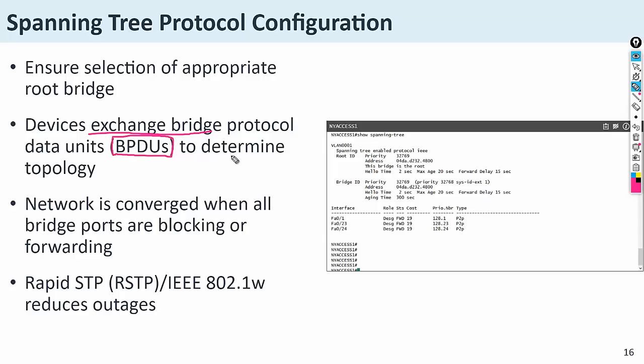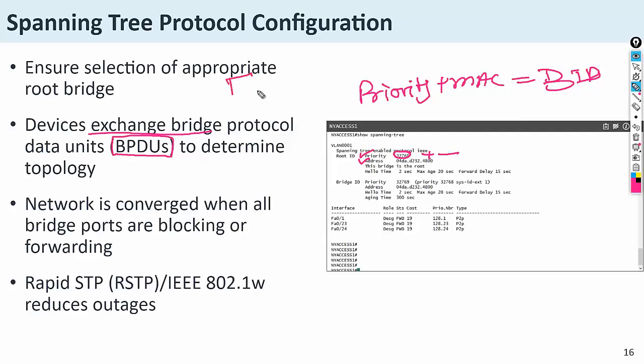So two things will be calculated. One is the priority, another is the MAC address. Priority plus MAC is equal to the bridge ID. And they will exchange the bridge ID.